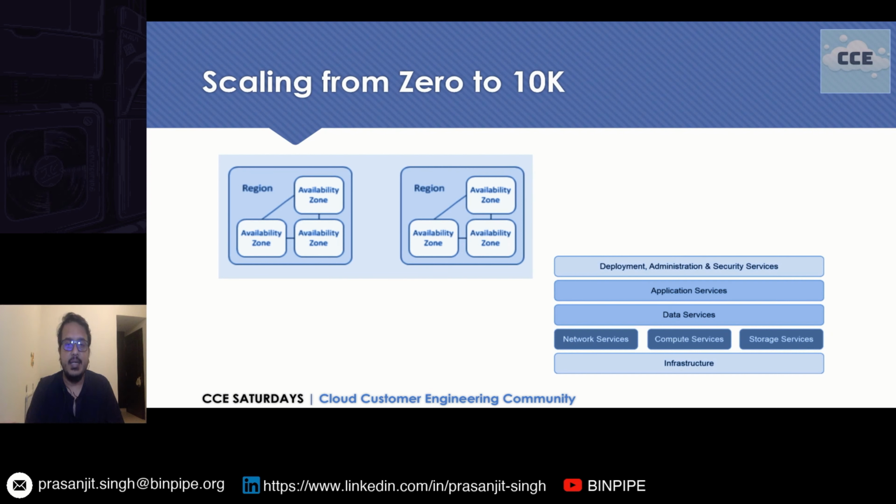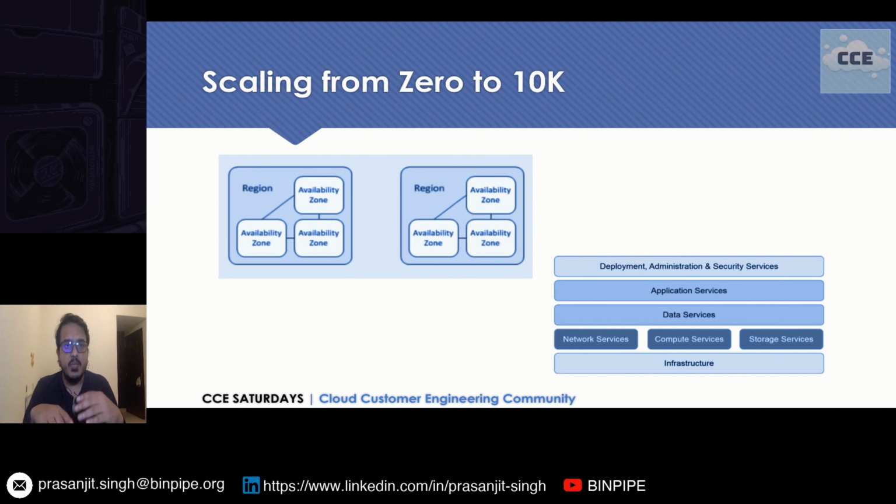And then public clouds provide data services, they provide application services, and they provide deployment, administration, security, governance features. So combining all these basics or pillars, we can build our architecture.